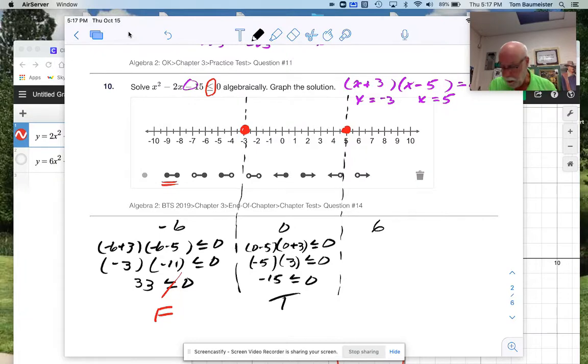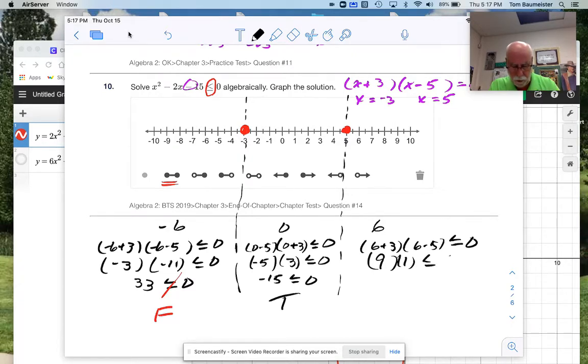Again, I used 6. I told you I could have used others, but 6 is actually the easier one on that one. So I have 6 plus 3 and 6 minus 5. Our question is, is that less than or equal to 0? Well, 6 plus 3 is 9, and 6 minus 5 is 1.